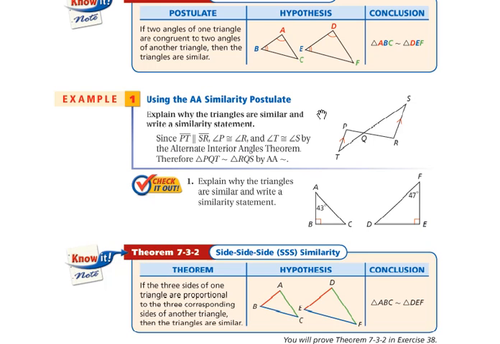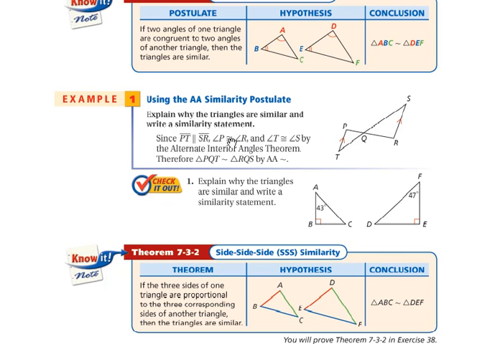If you take a look at this first example, it says explain why the triangles are similar and write a similarity statement. Because we're looking at PT and SR, those are parallel lines, and angle P and angle R and T and S are congruent by the alternate interior angle theorem, therefore we can say that these two triangles are similar because of the angle-angle similarity postulate.